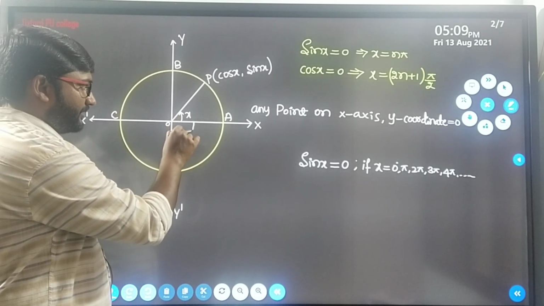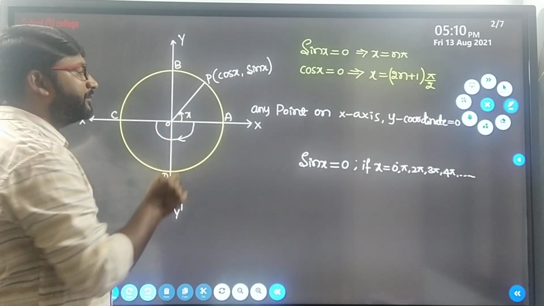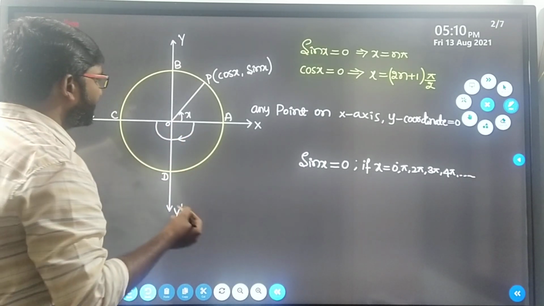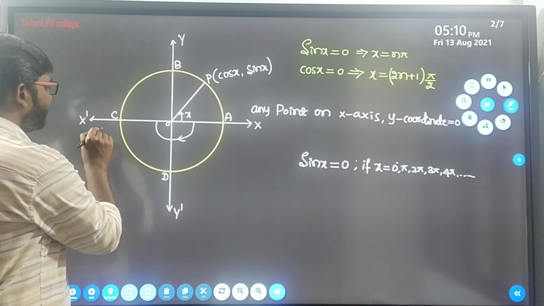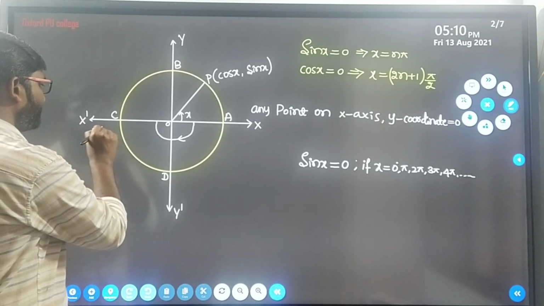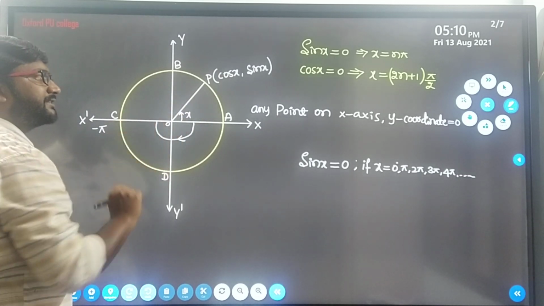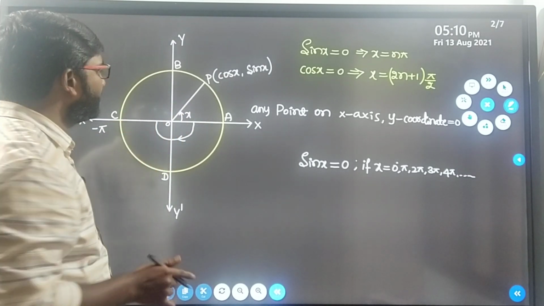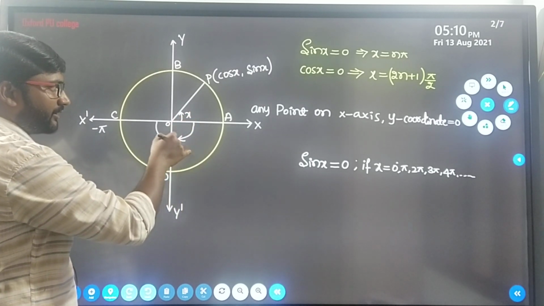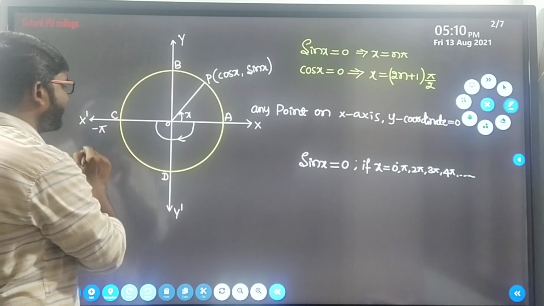From here to here, it is going to be minus pi radian. If you start from this and measure in the anti-clockwise direction, we get the positive angle, and if you measure the angle in the clockwise direction, it is the negative angle. That is why I am writing minus pi.